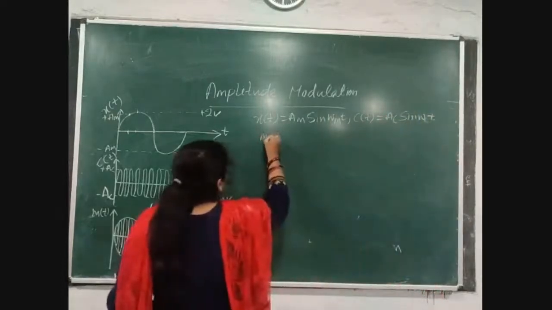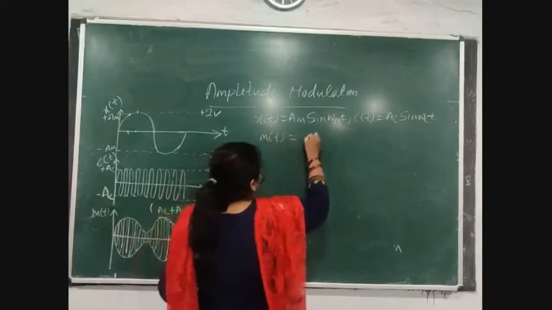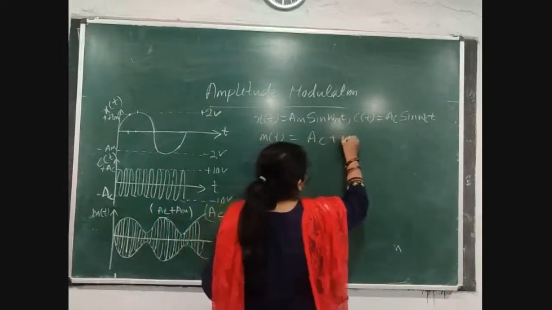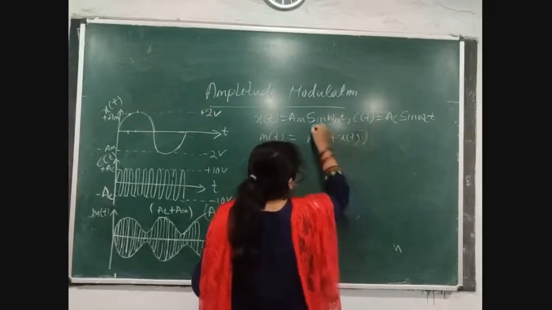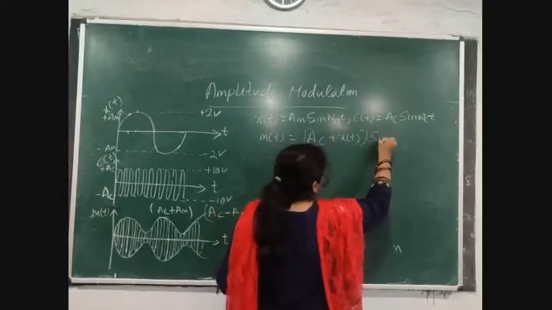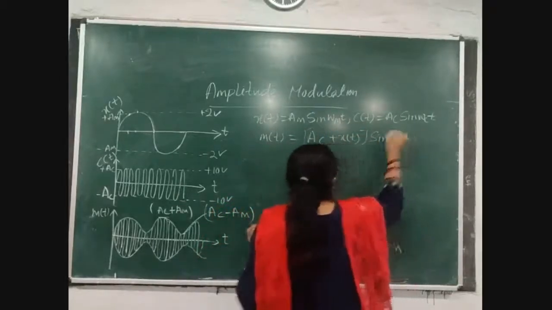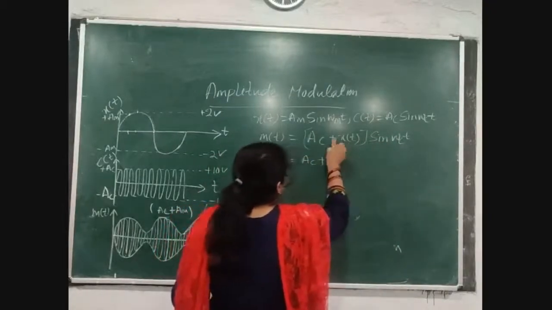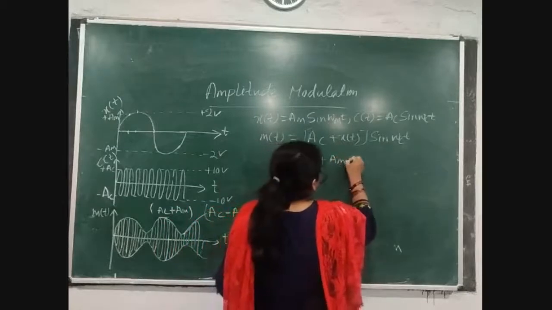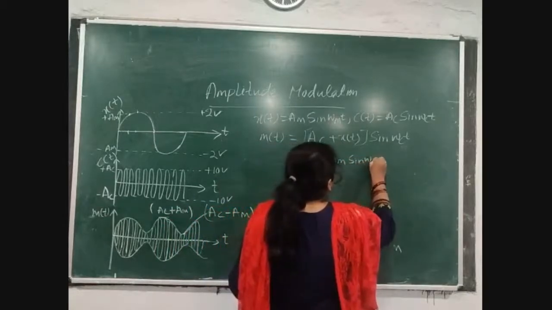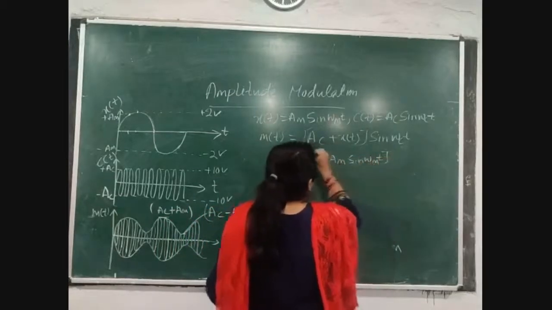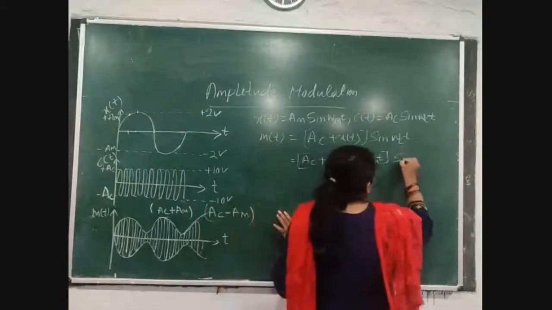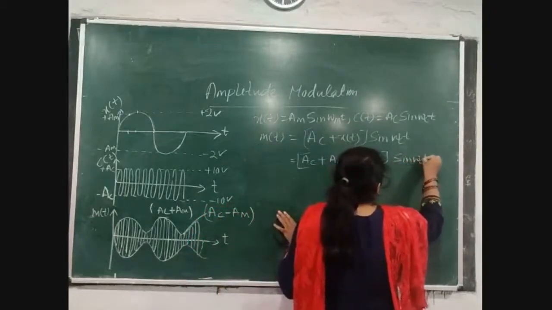So m of t is AC plus x of t, then sin omega ct. Next, substitute the value of x of t, that is AM sin omega mt, then sin omega ct.